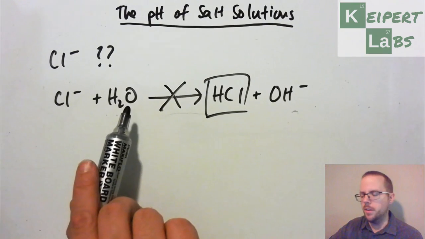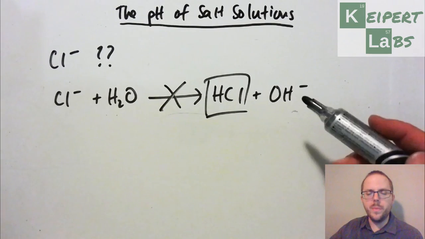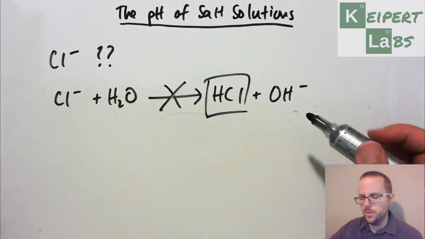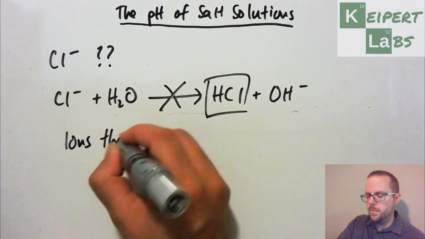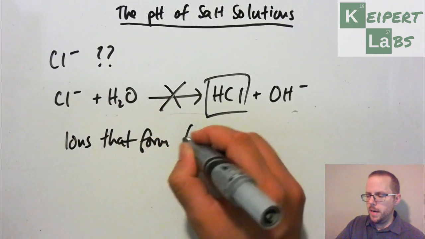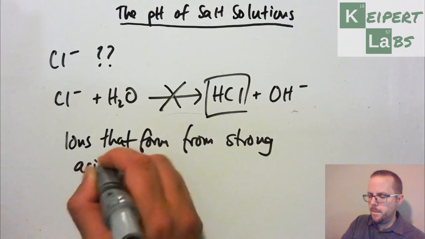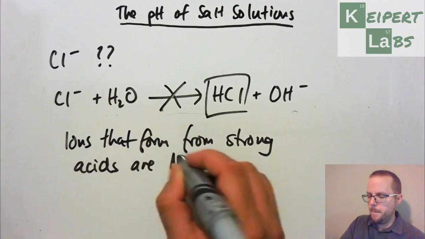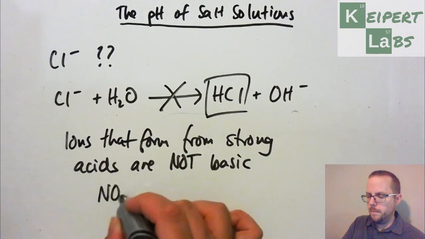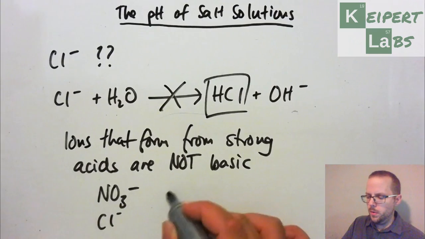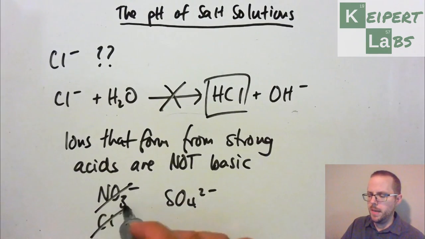So this reaction doesn't happen. While we can draw it on paper, it doesn't actually do it. So ions that form from strong acids are not considered basic. That is nitrate, chloride, or sulfate. None of these are considered to be basic.